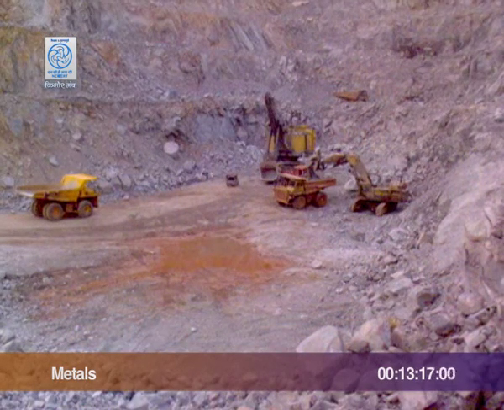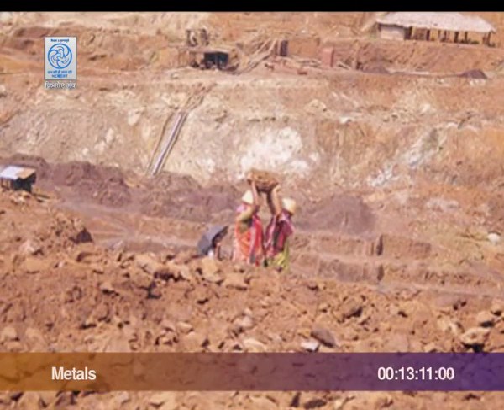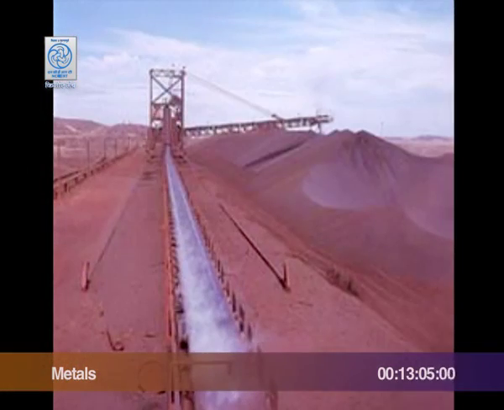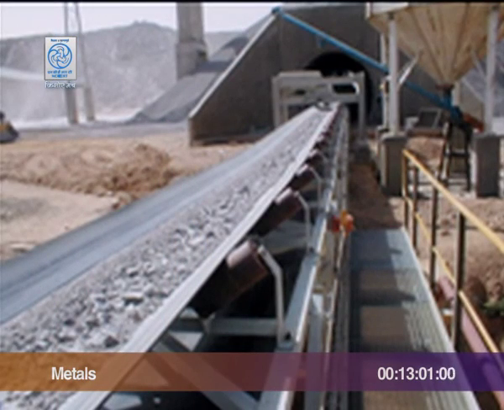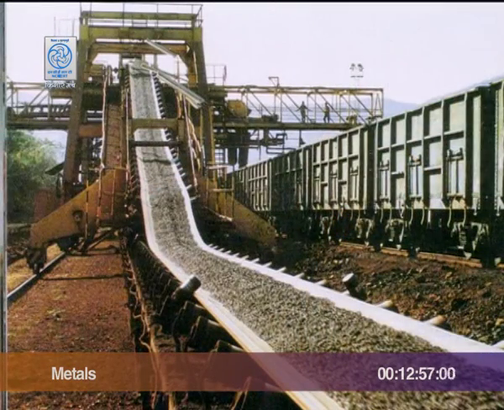Sometimes the amount or the percentage of metals in the compound is so low, or the rocks and the impurities are so high that extracting metals from it would be rather difficult or very expensive. Those minerals from which metals can be profitably extracted are called ores.